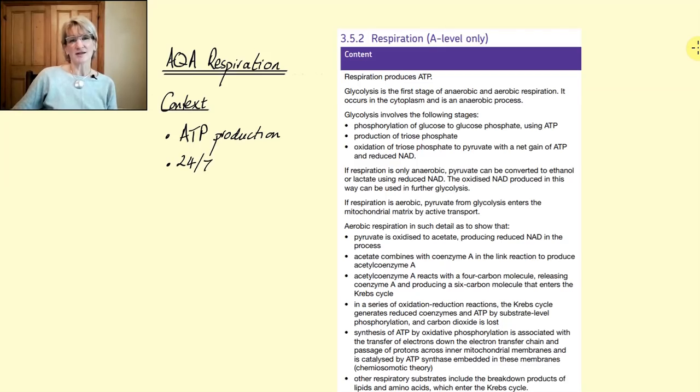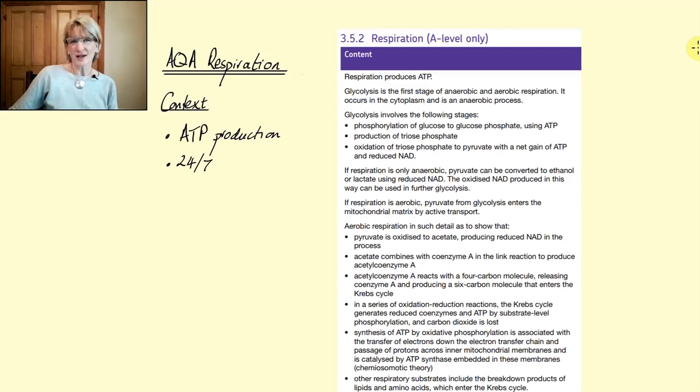So I'm going to be talking to you about AQA respiration in terms of the phrases and terminology that are used in exam answers. So quick bit of context, respiration occurs so that ATP can be produced. It has to happen in all cells all of the time. Notice that respiration doesn't really happen in organisms, it happens in cells. It's a chemical reaction.